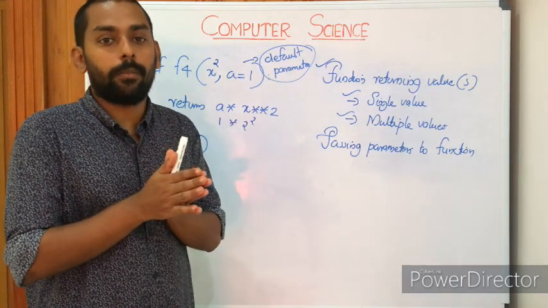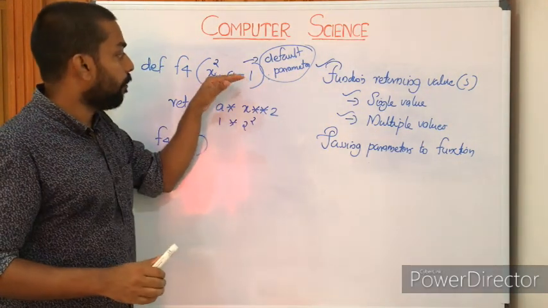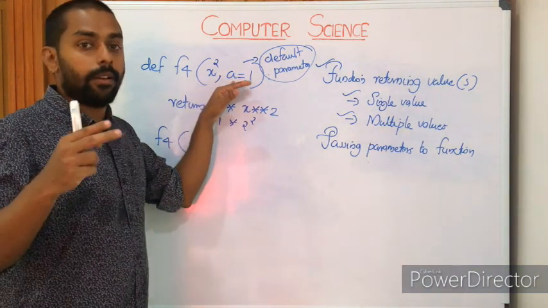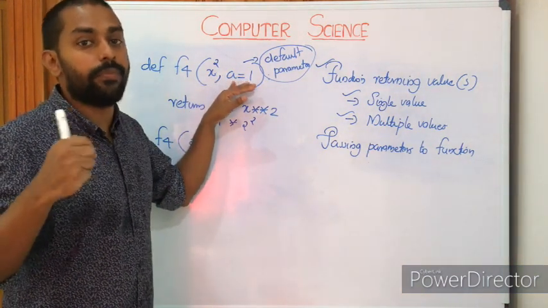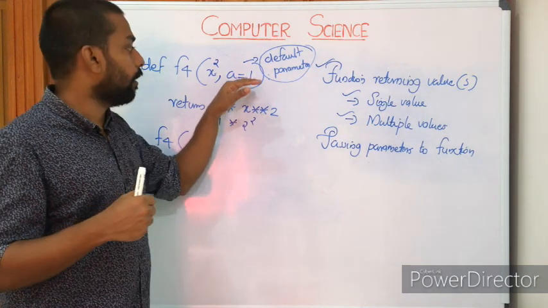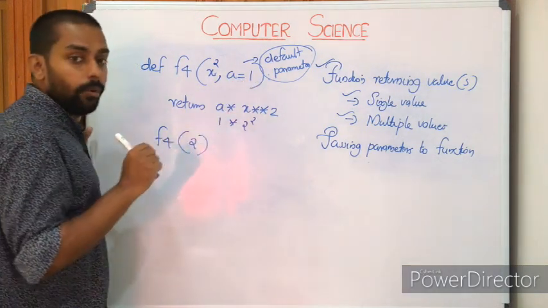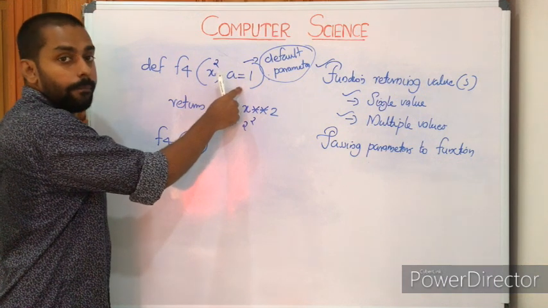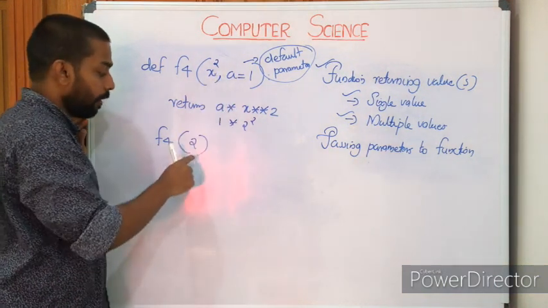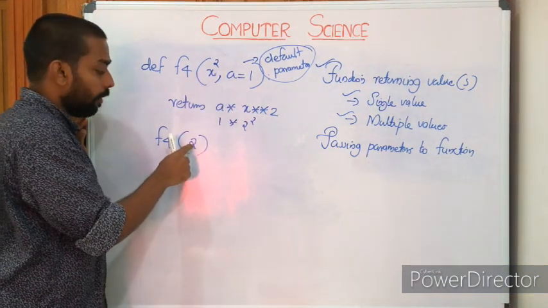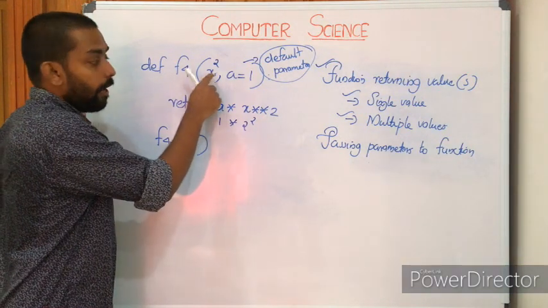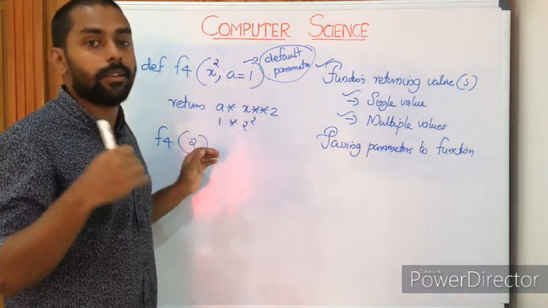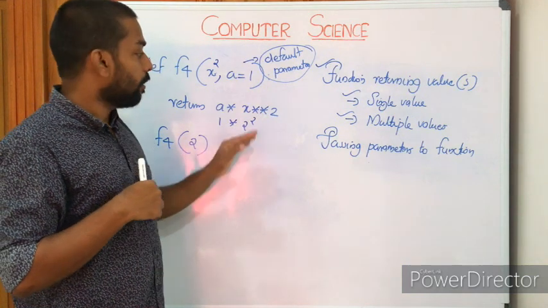Default argument means a variable or a formal parameter is initialized with a predefined value. Here it is 1, and we have seen the working of the default parameter function. When we pass only one value, that is 2, it is assigned to x, and a takes its default value.